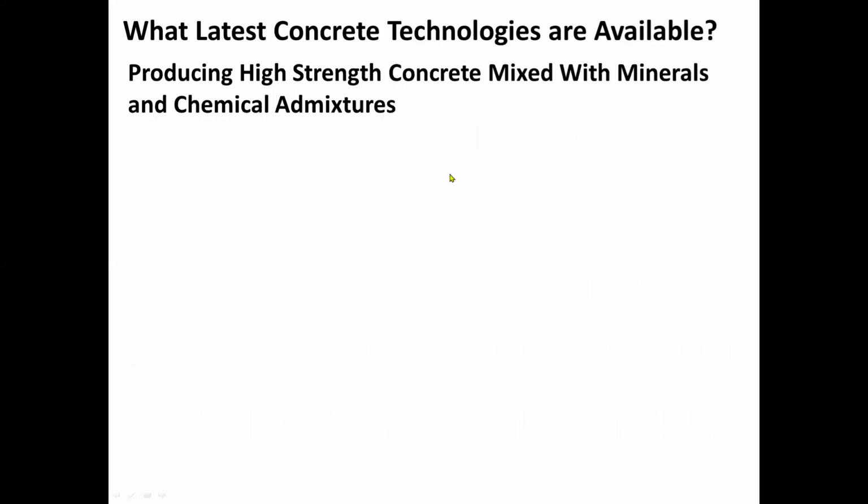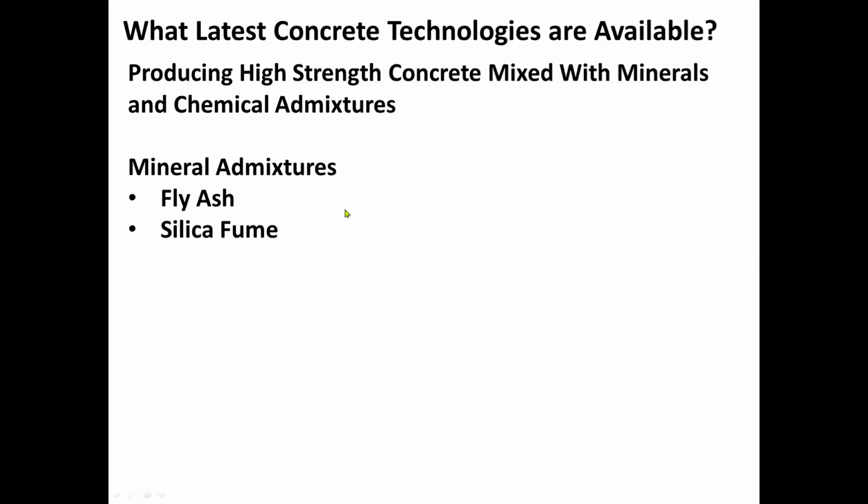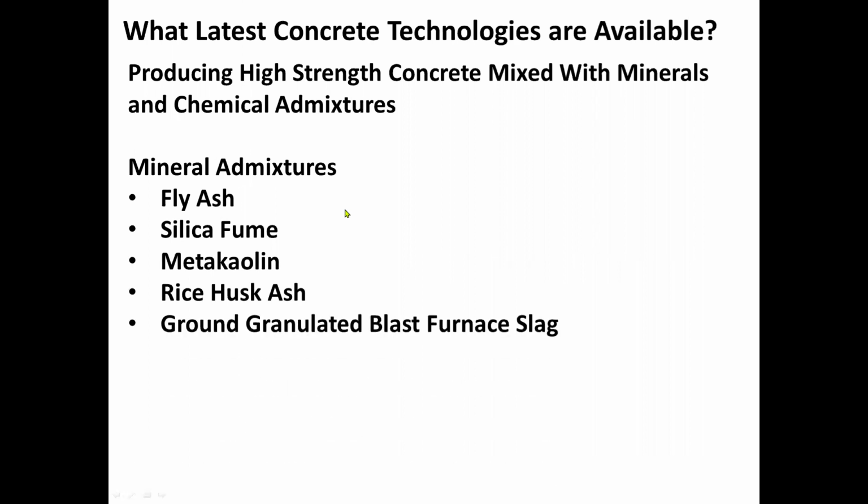What latest concrete technologies are available at present? Producing high-strength concrete mixed with minerals and chemical admixtures. So these are the mineral admixtures: the fly ash, again, I repeat, na-mention ko na kanina yan, silica fume, metakaolin, fly ash, ground granulated blast furnace slag.